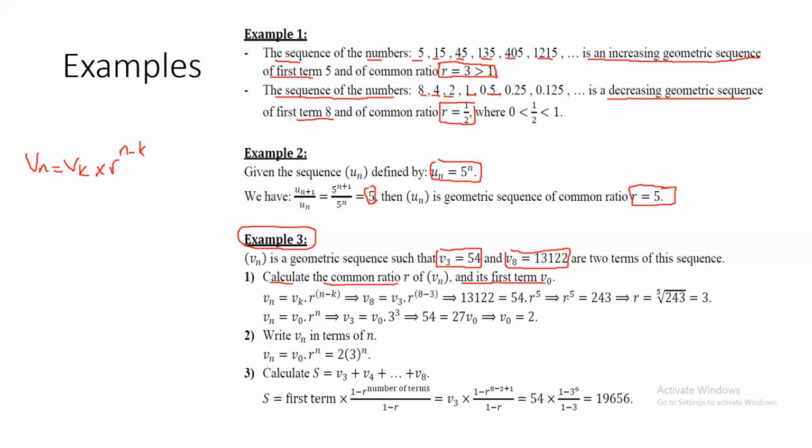This implies r to the power 5 equals 13,122 over 54, which equals 243. Then r equals the fifth root of 243, which is equal to 3.